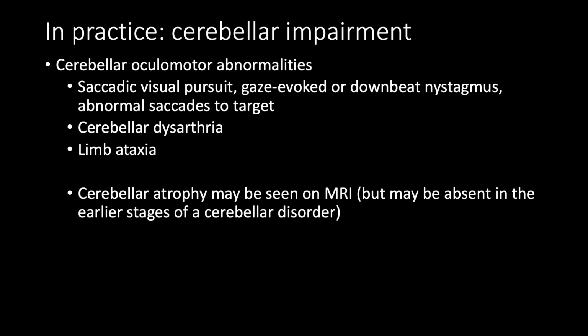We're not too fussed by an absence of cerebellar atrophy on MRI, as this may be absent particularly in the earlier stages of disease, and this is most likely a function of the fact that clinically we are using qualitative rather than quantitative MRI scanning.